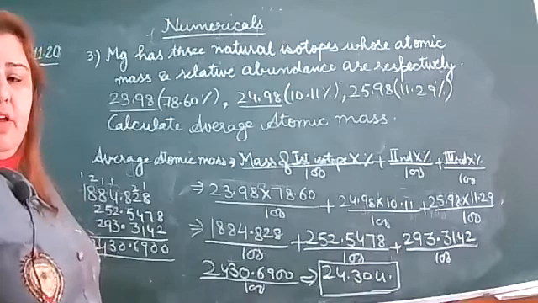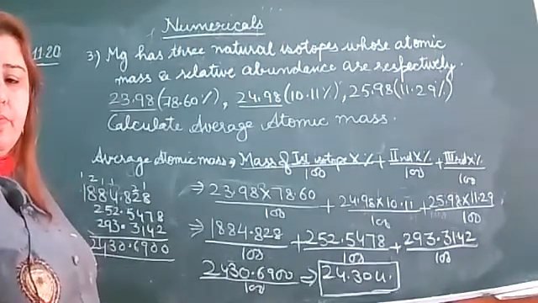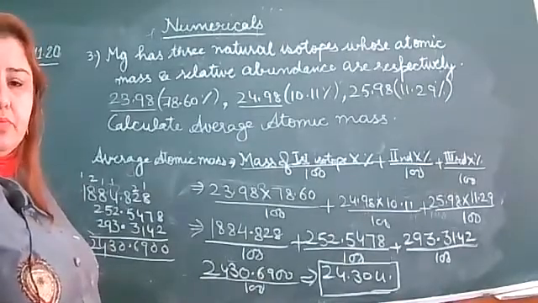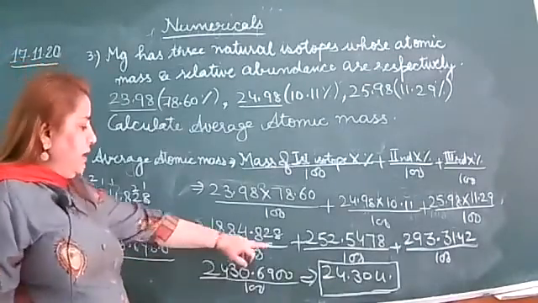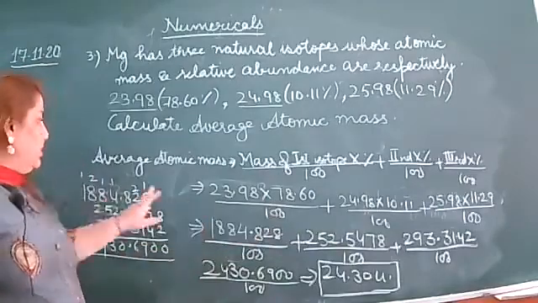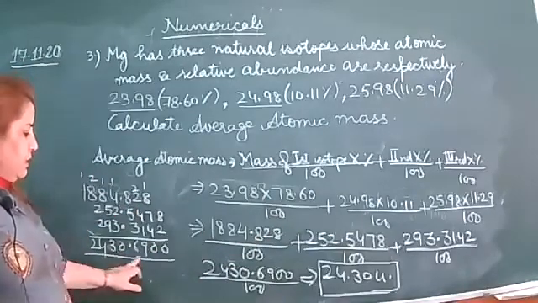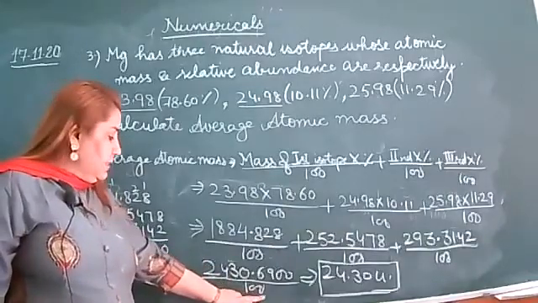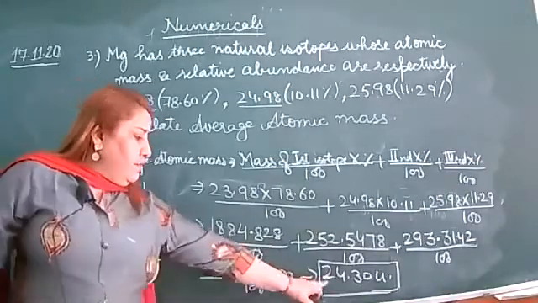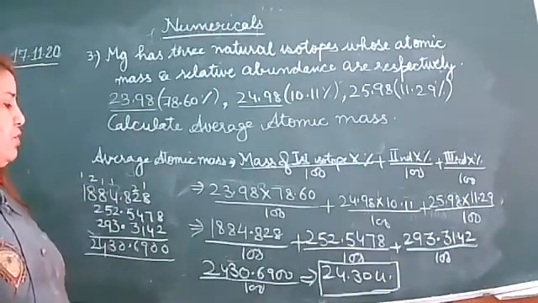If anyone is having any doubt, then ask. Is that clear? Here I had taken the LCM, then added all the digits. This will become 2430, then shift two places, as the 2 zeros are there, giving 24.30 U.